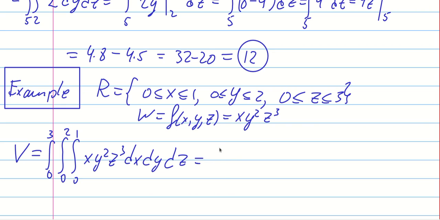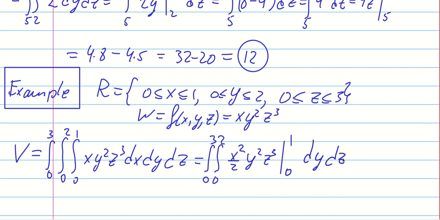So let's start calculating it. We still have two integrals left, and then we integrate x. So x will be x squared over 2, we have y squared, we have z cubed, and we evaluate it from 0 to 1, dy dz.